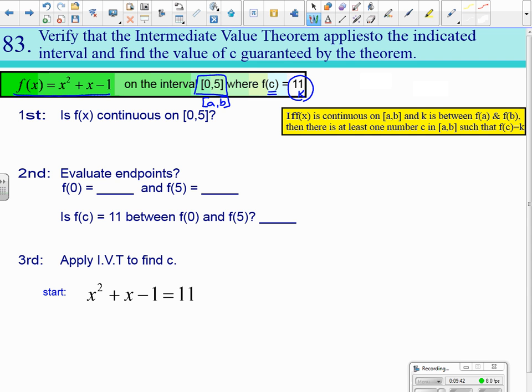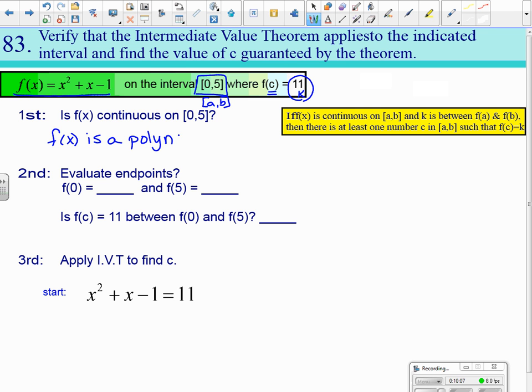So first off, in order to use the IVT, the intermediate value theorem, on our problem, we have to prove that the 2 hypotheses are satisfied. So is the function continuous on the closed interval from 0 to 5? Well, when I look at f of x, it is a polynomial.